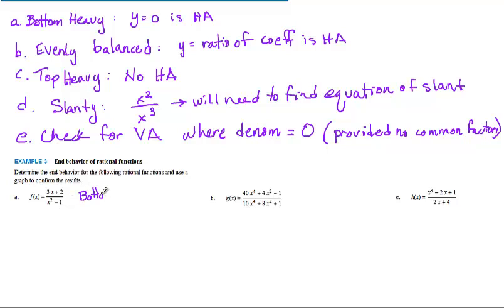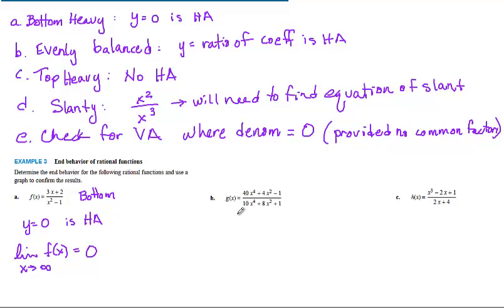Since he's bottom heavy, y equals 0 is a horizontal asymptote. I believe that was what we found. So y equals 0 is horizontal asymptote. I could say the limit as x goes to infinity or negative infinity, depending on whatever it is that I choose, both of them are going to 0.